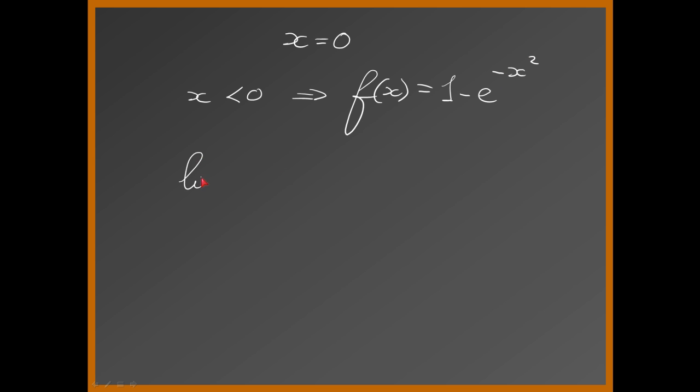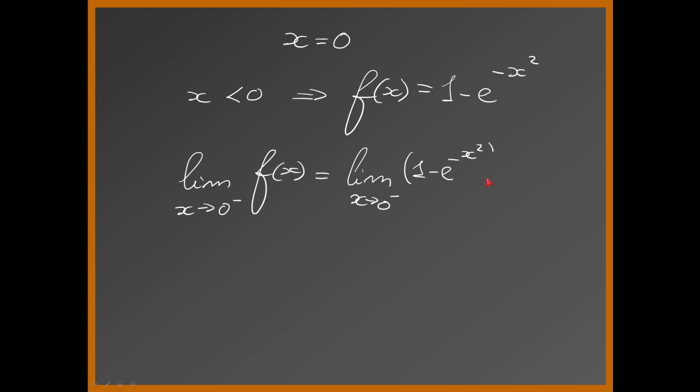This means that the limit as x approaches 0 from the left of f of x will be equal to the limit as x approaches 0 of 1 minus e to the minus x squared. This function is continuous. This will be equal to 1 minus the exponential evaluated in 0, which is 1. So this means 0.